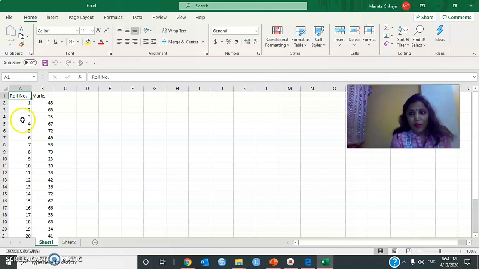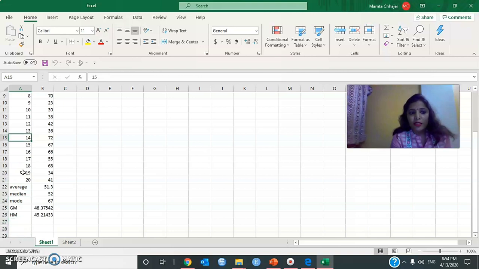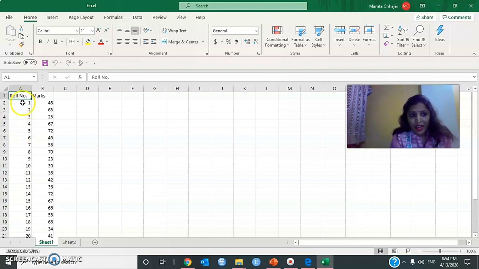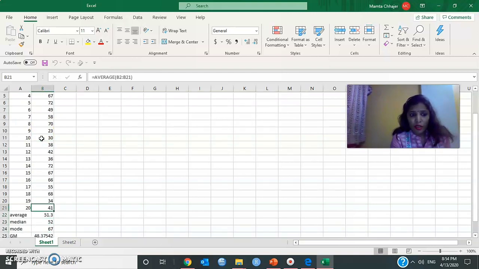It's a nominal scale because roll numbers are assigned to identify the students. So you cannot calculate average of roll numbers. It makes no sense to calculate average of roll numbers. Now against that roll numbers you are given the marks which are being scored by every single student. Now for these 20 values you can calculate the mean, median and mode and geometric mean and harmonic mean.